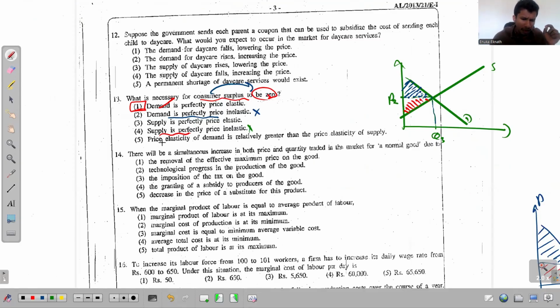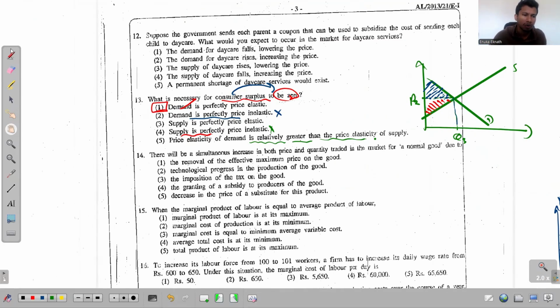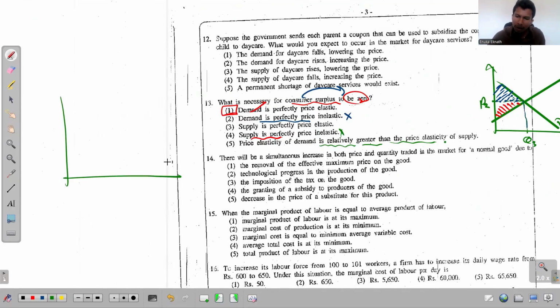The fifth one, price elasticity of demand is relatively greater than the price elasticity of supply. Okay, so for that, let's draw a supply curve which is inelastic and a demand curve which is really elastic. So what happens to the shape of the demand curve if the demand is elastic?